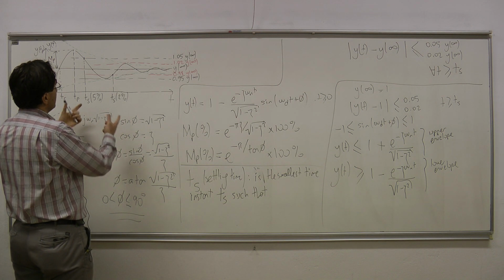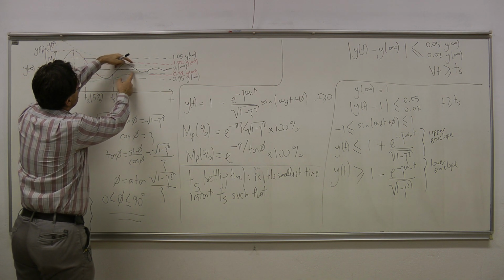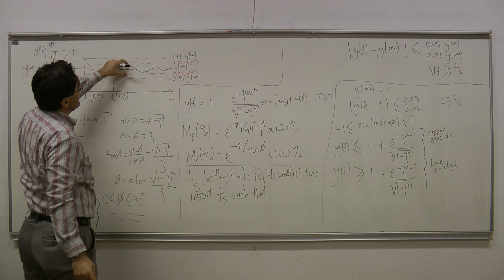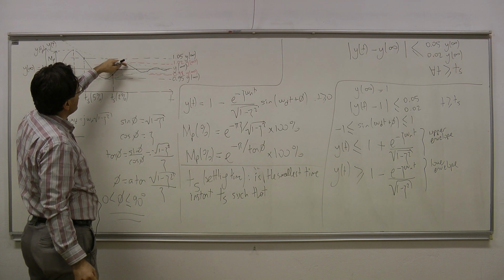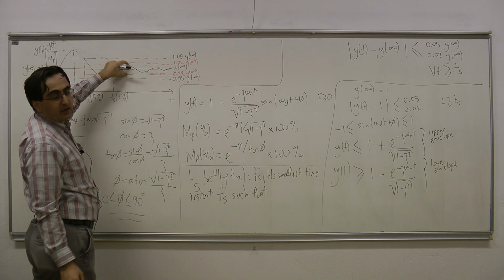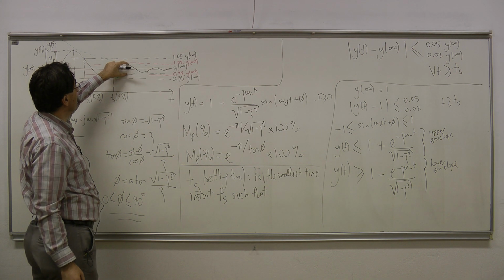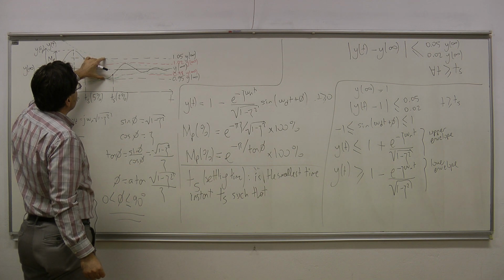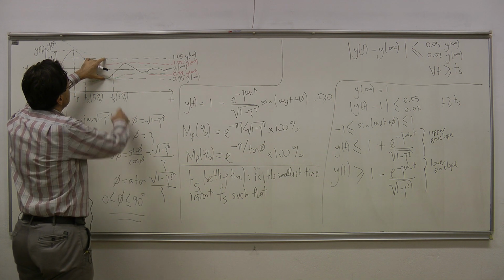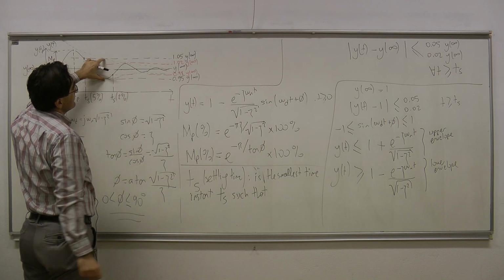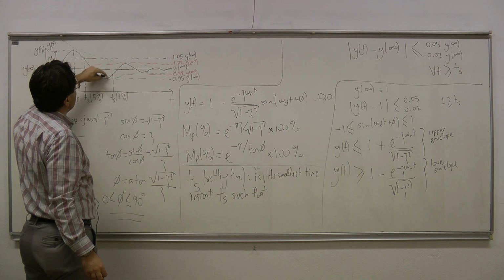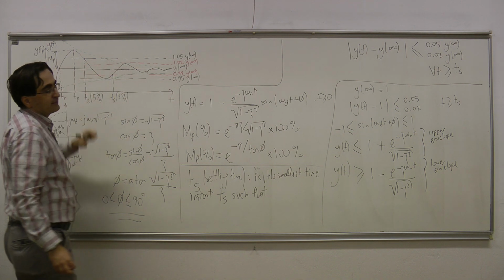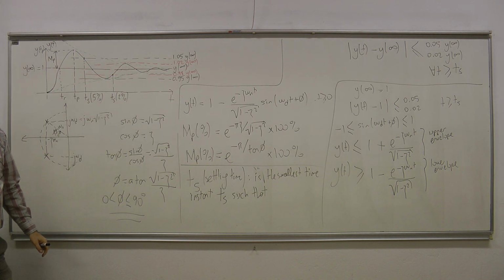If I guarantee that this envelope of the actual response is inside the 2% region, I guarantee that the actual response is inside the 2% region. Similarly, if I guarantee that the envelope is inside the 5% region, I guarantee that the actual response is inside the 5% region.